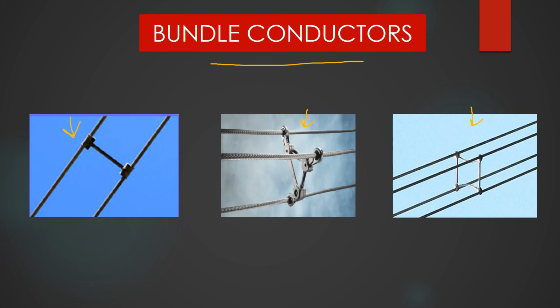We know that bundle conductors are used to reduce the corona losses, radio interference, surge impedance of the transmission line, and the voltage gradient of the transmission line. By using a bundle conductor, the geometric mean radius, or simply GMR, of the conductor increases, and thus we are able to reduce the corona losses in the transmission line.